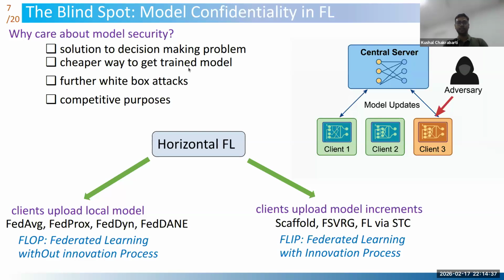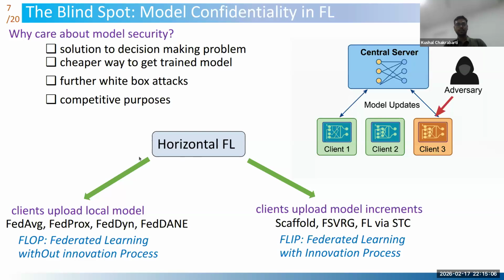And also, if it is an enterprise federated learning architecture, this model represents some IP. So there is a chance that the IP will be exposed to some outsider. So these are the reasons that make model confidentiality a problem of considerable importance.